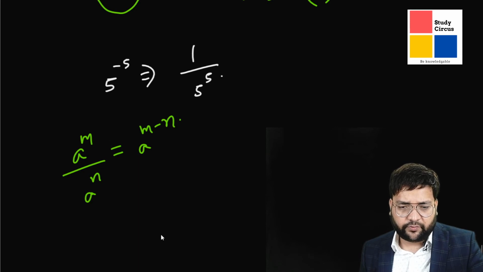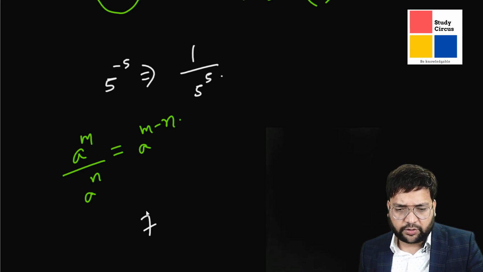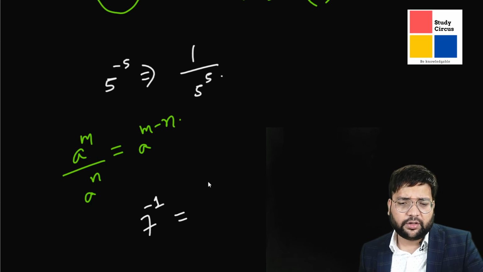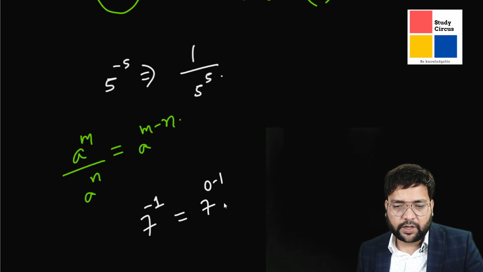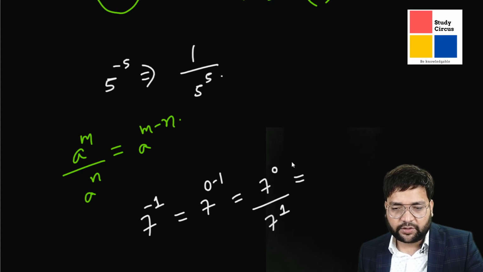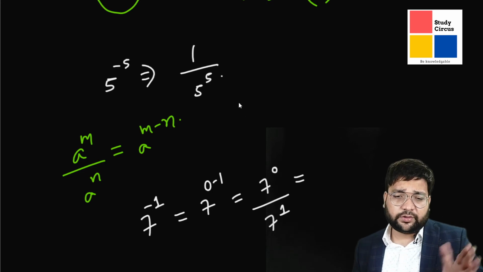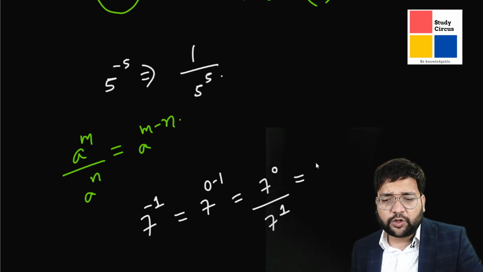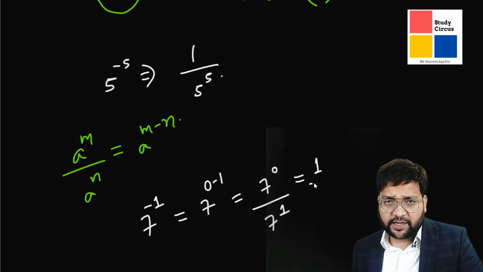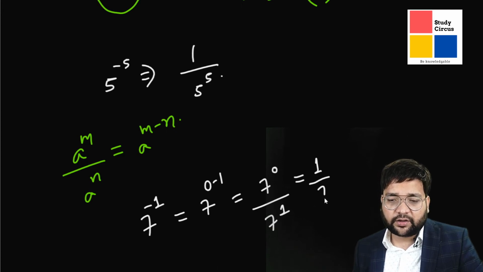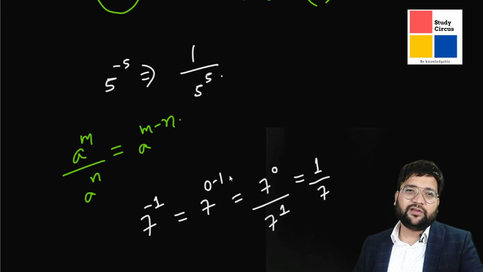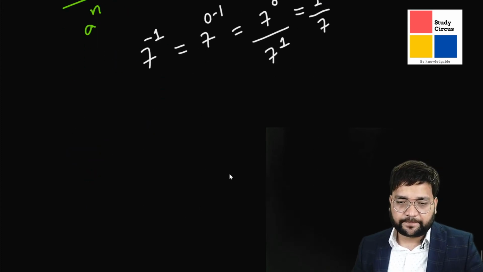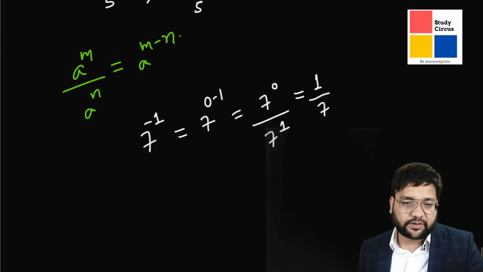Now if I ask what is the value of 7 to the power minus 1, using the same rule, this is 7 to the power 0 minus 1, that is 7 to the power 0 upon 7 to the power 1. Any number raised to the power 0, 7 to the power 0, is going to be 1. Why? We'll see. And 7 to the power 1 is 7. So 7 to the power minus 1 is just the reciprocal of 7.